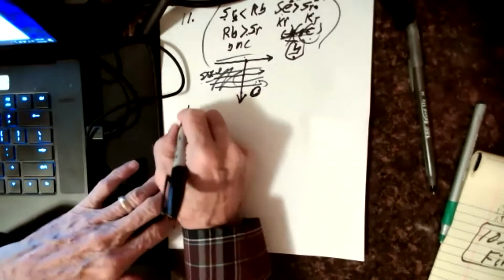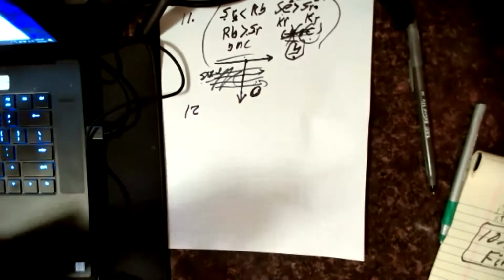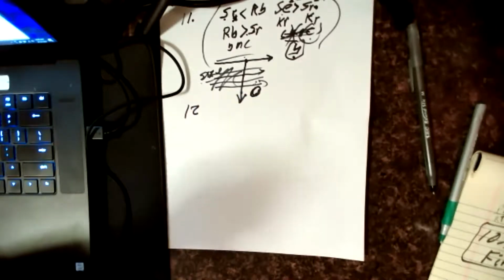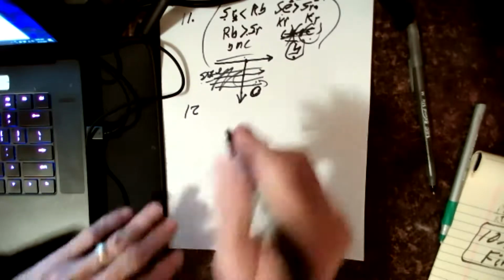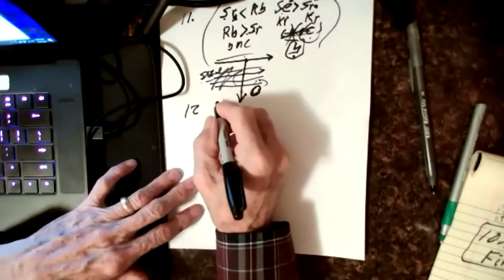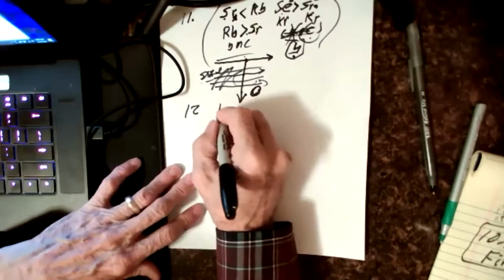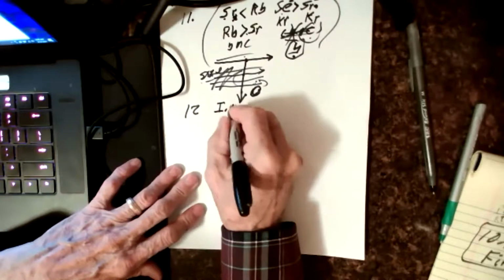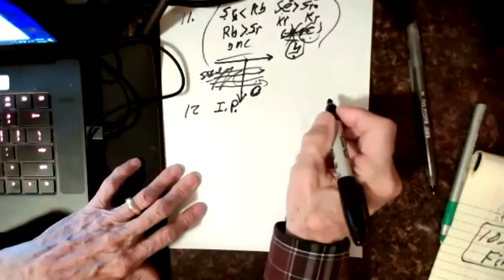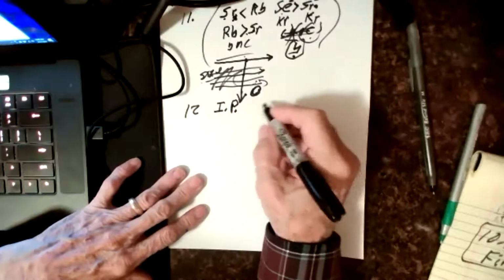Number 12 is to compare lithium and iodine, and calcium and argon, with the energy required to remove an electron. So we're talking about the ionization potential. How does the ionization potential go?